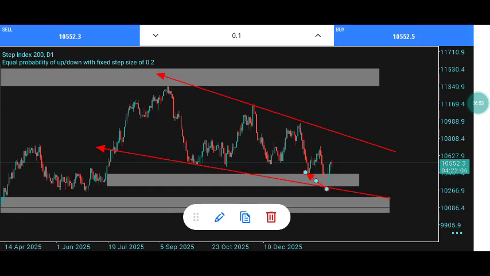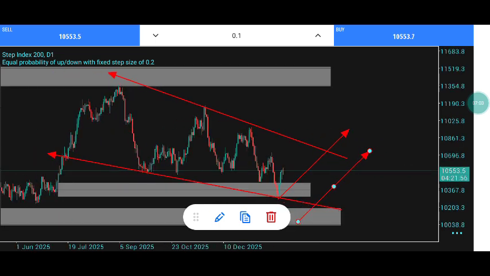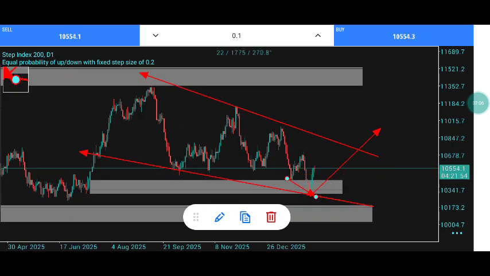My other anticipation is that it will make something like this, then a left shoulder will come around this region here, so this will be the left shoulder, the head, and the right shoulder will be somewhere here, if it doesn't go straight up.